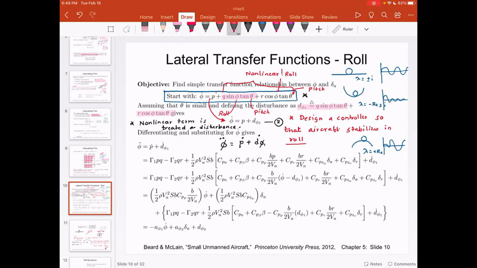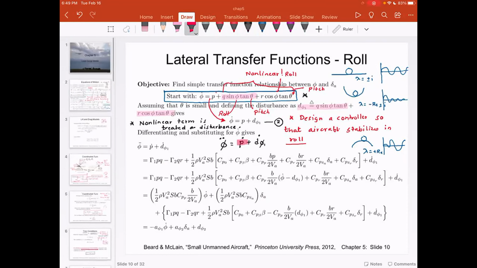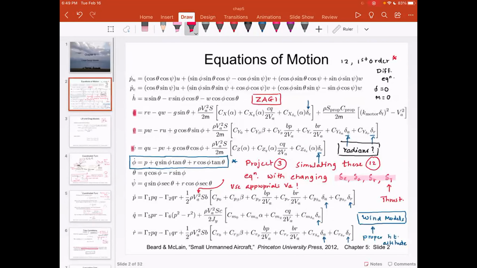Because we have an explicit equation for P dot. If I go back all the way to my equations, I have a nice equation for P dot.